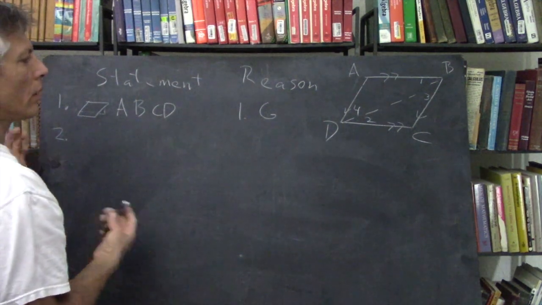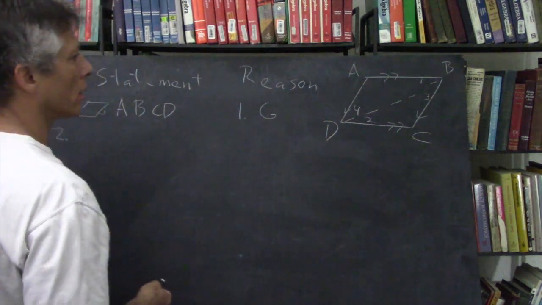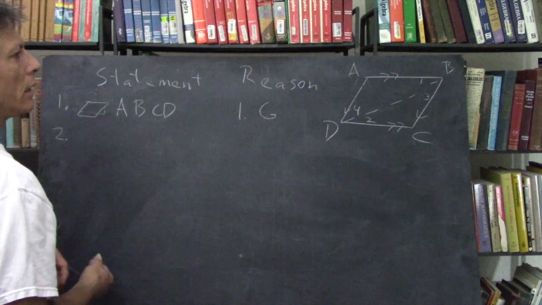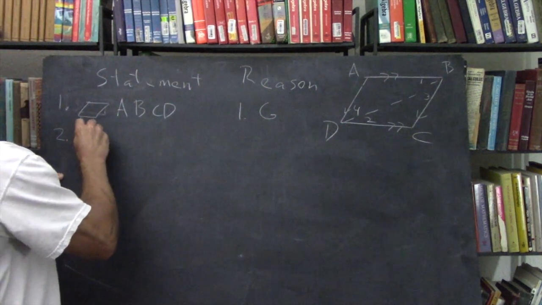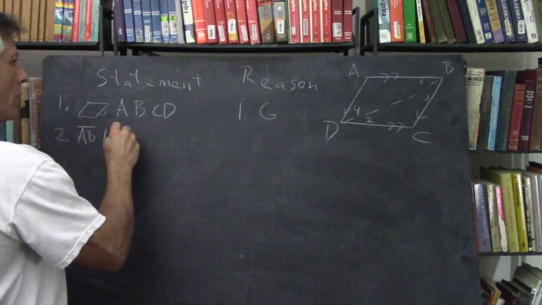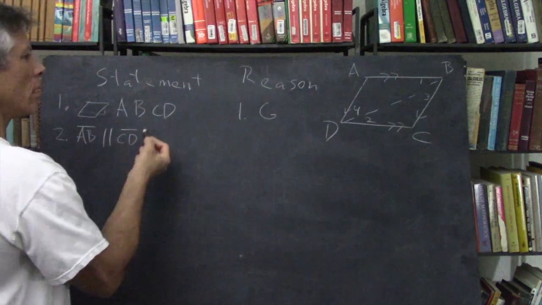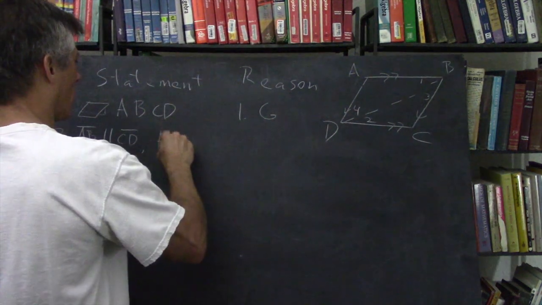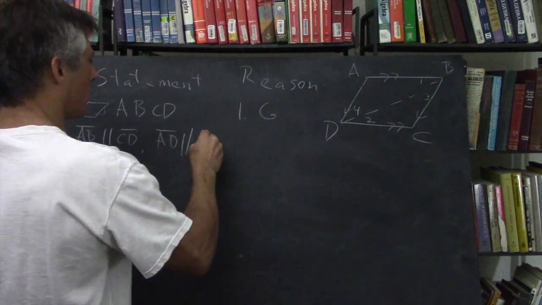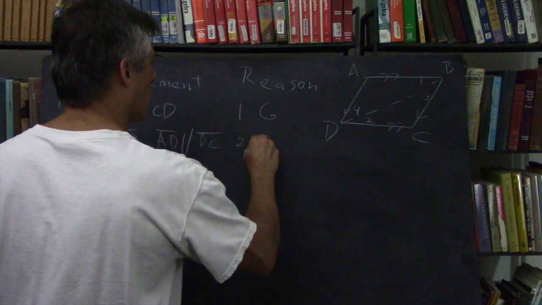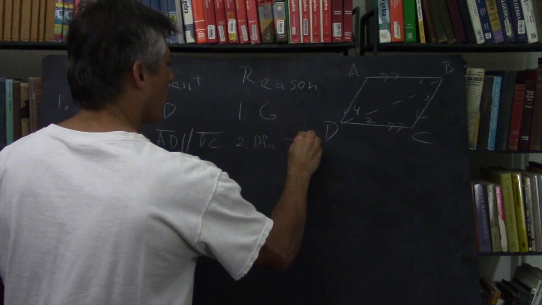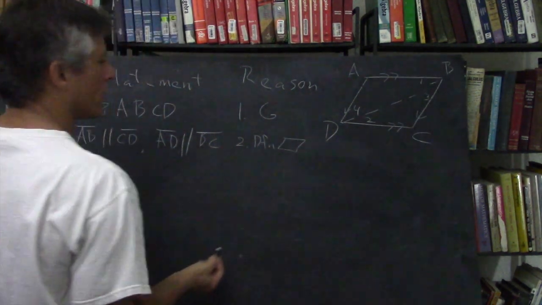And then, we know from the definition, AB is parallel to DC, AD parallel to BC. If you want to write that down to clarify for you, AB parallel CD, AD parallel BC, definition of parallelogram.